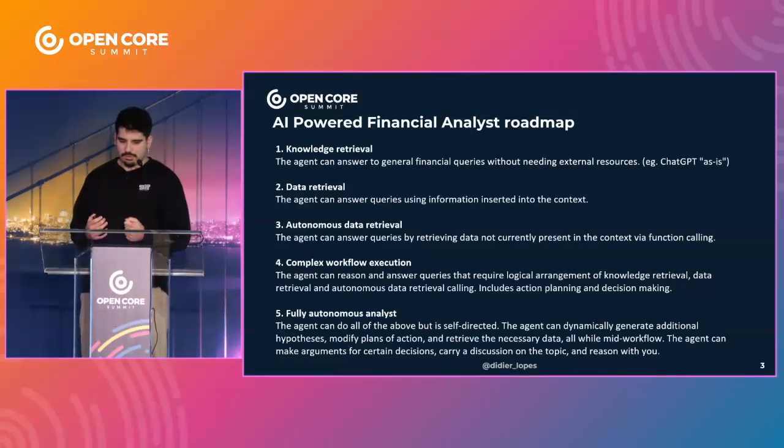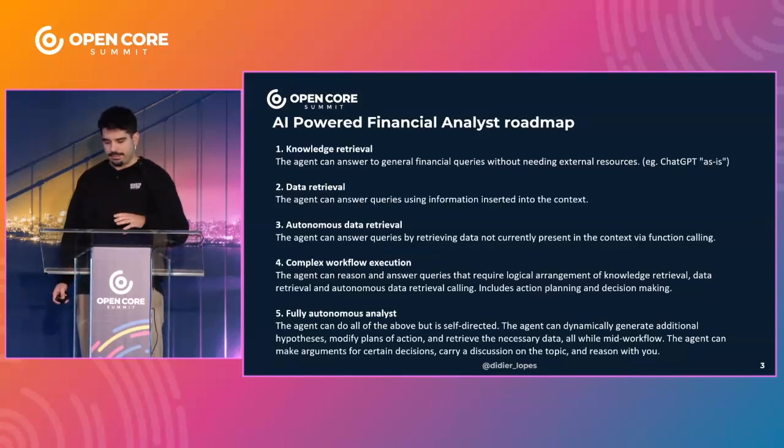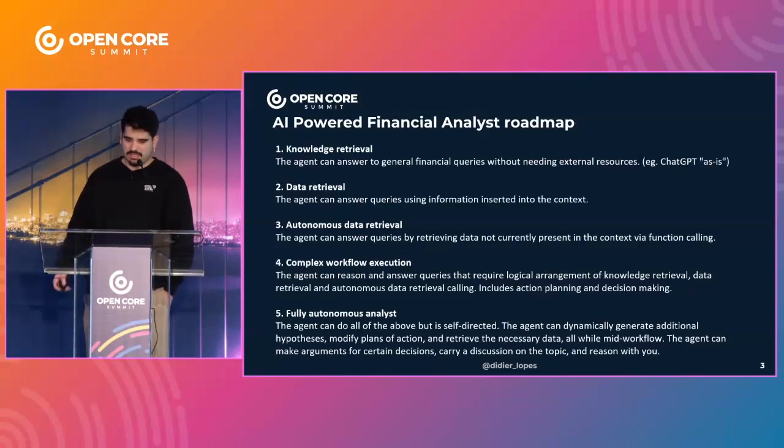So you don't need to go into Investopedia to get more information. You can just ask what is the PE ratio? What is the price to book? These types of questions. So that's stage 1. That's fairly simple. Stage 2 is data retrieval. That means that I should be able to provide my LLM with data and ask a question that is within that data. And that's also fairly easy. Even ChatGPT can do it today.